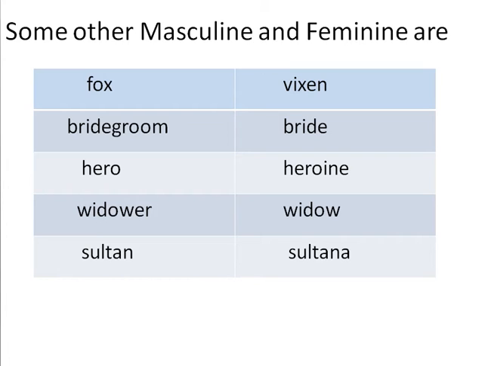Some other masculines and feminines are fox, vixen; bridegroom, bride; hero, heroine; widower, widow; sultan, sultana. Here the masculines are fox, bridegroom, hero, widower, sultan, and the feminines are vixen, bride, heroine, widow, and sultana.